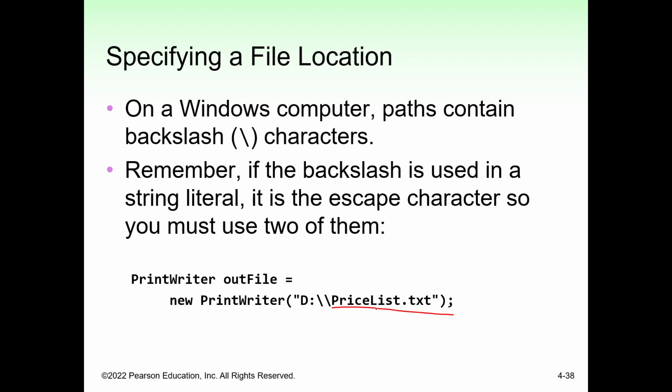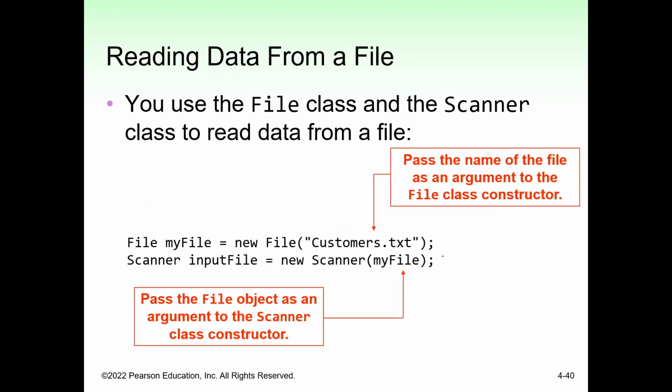You can find that by going on YouTube and looking up how to find the path of your file. There are so many tutorials to do that, but all you have to know for this class is that if your code is not in the same folder as your file, you have to provide a path to that file.